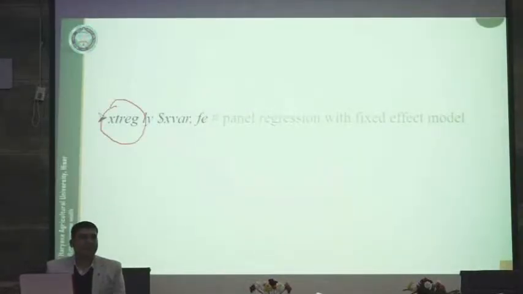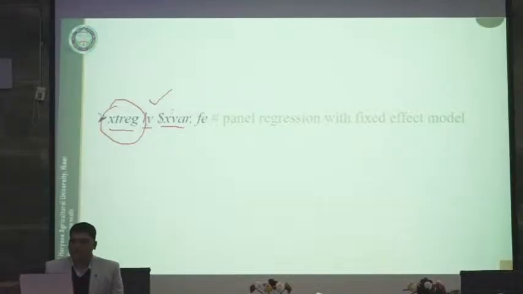And then this xtreg is the command to run the panel regression. Okay, if you want to use the panel regression, then you have to write xtreg followed by variables. For example, your dependent variable is ly. Then second is the number of independent variables. But we have stored all the independent variables in xvar.